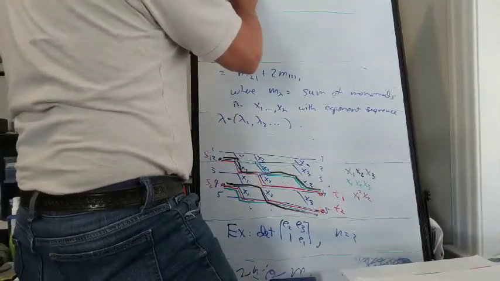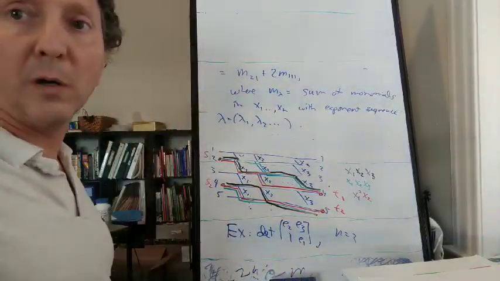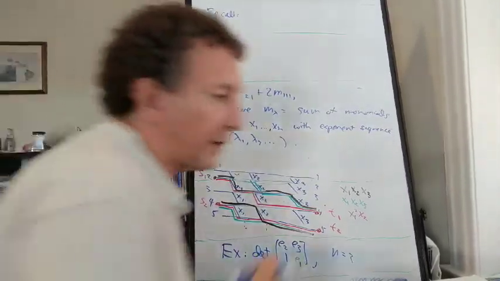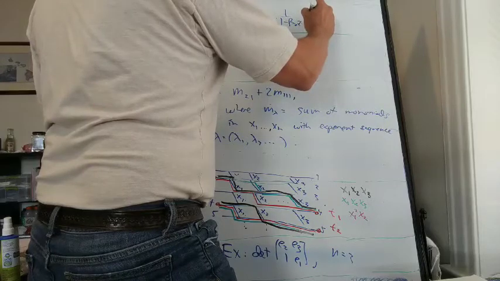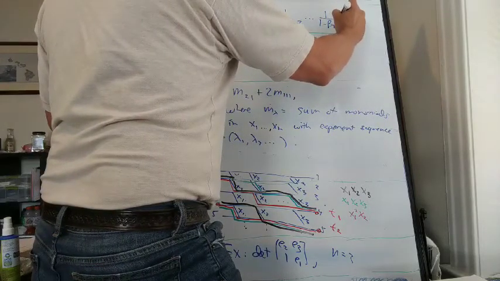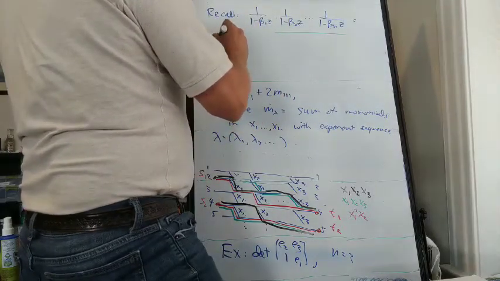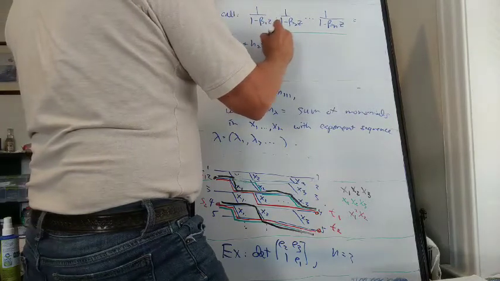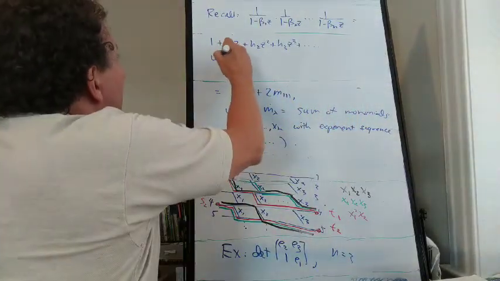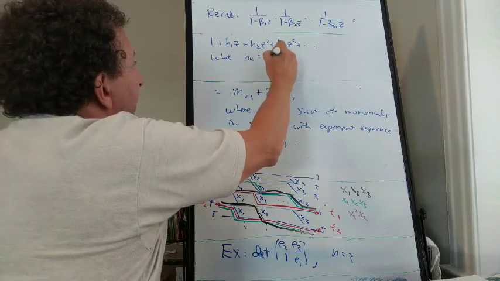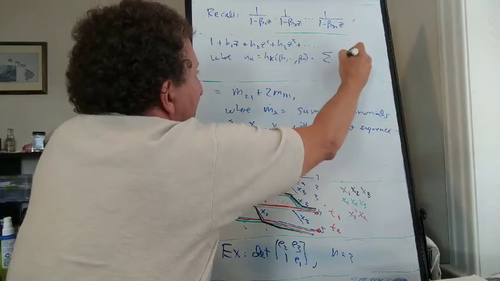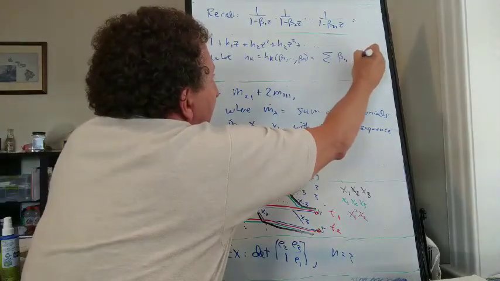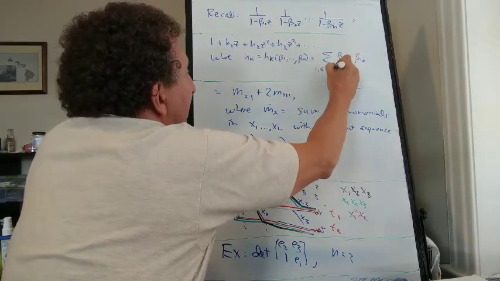So recall that 1 over 1 minus beta_1 z times 1 over 1 minus beta_2 z, product up to 1 over 1 minus beta_n z, equals 1 plus h1 z plus h2 z squared plus h3 z cubed, etc. It's an infinite power series where h_k, which is h_k of beta 1 through beta n, is a sum of products beta_i1 through beta_ik, where i1 through ik is a weakly increasing sequence.